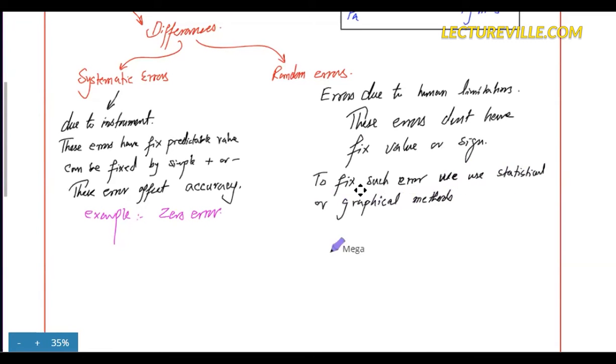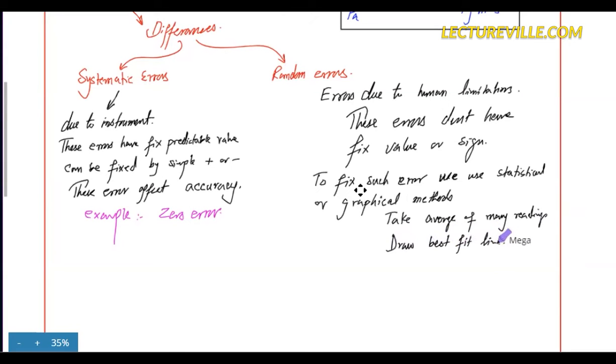Take average of many readings, draw best fit line.